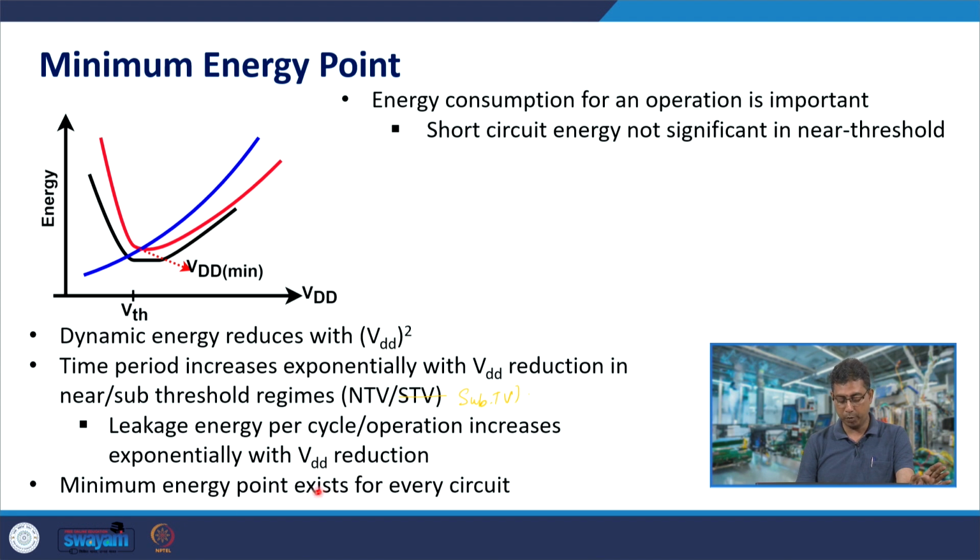A minimum energy point therefore exists for every circuit, but it is circuit dependent. What is the logic path? As we had seen, the average leakage energy is a function of the logic gate topology and also what values the inputs take. So, this minimum energy point can be different for every circuit, but nevertheless it exists for every circuit.